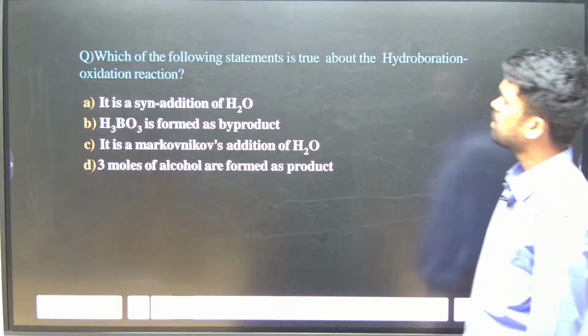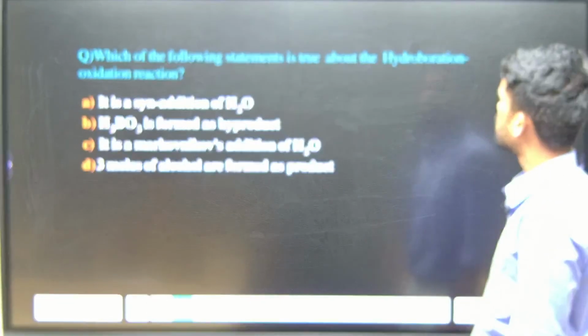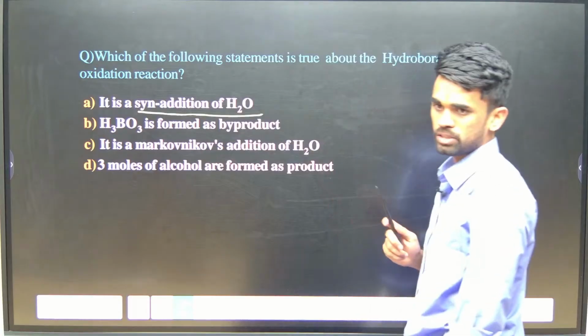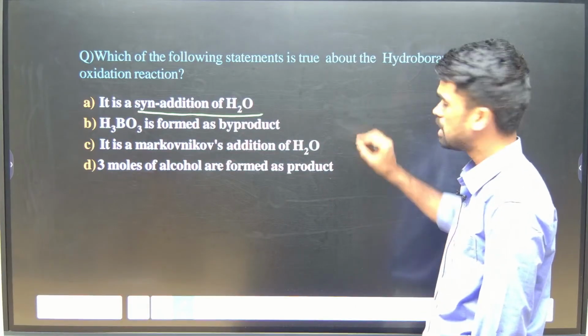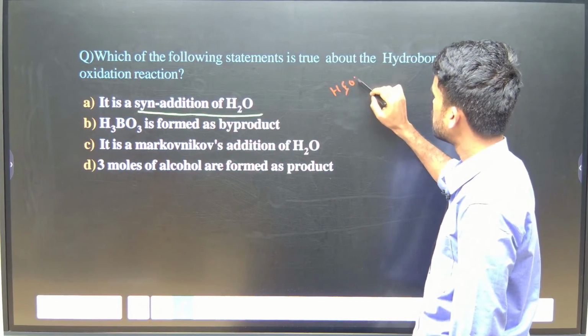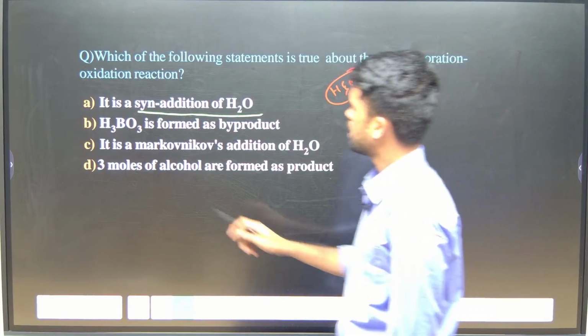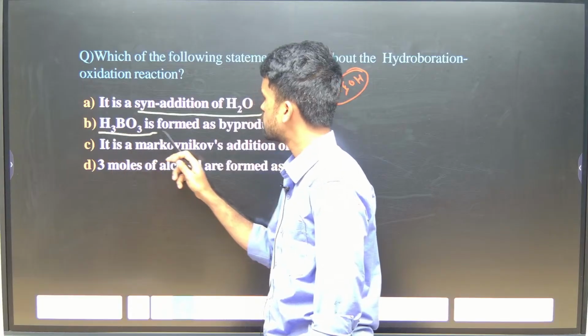Now tell me, which of the following statements is true about the hydroboration reaction? First of all, it is a syn addition of water. Yes, syn addition of water only, no? We are adding H and OH to the alkenes. Yes, it is a syn addition of water. The next: H3BO3 is formed as a byproduct.